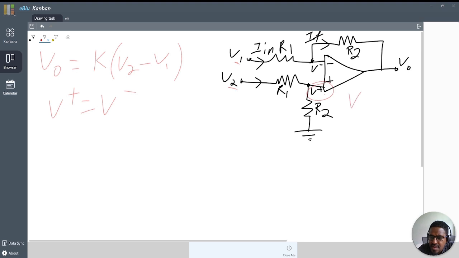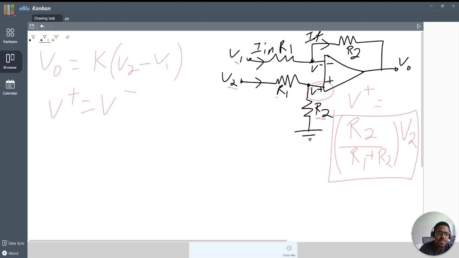So V non-inverting becomes R2 over R1 plus R2 multiplied by V2. This is our V non-inverting input.